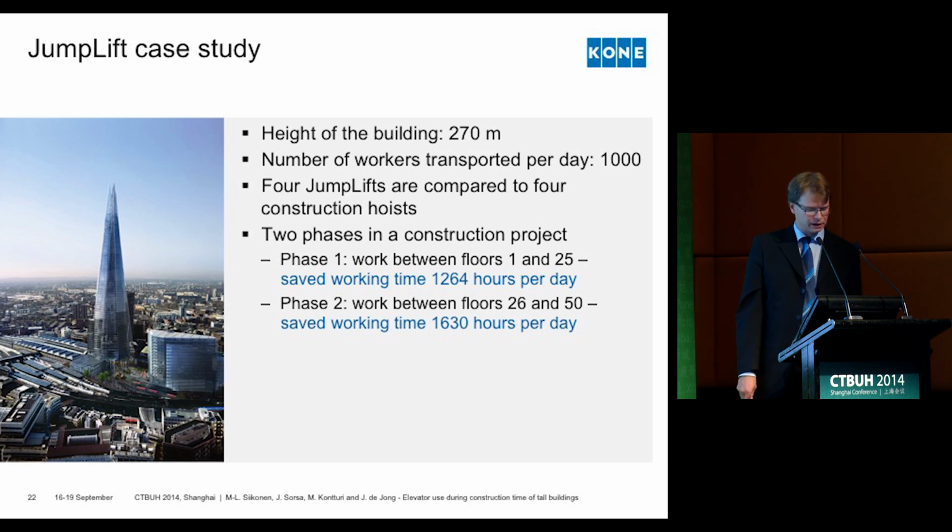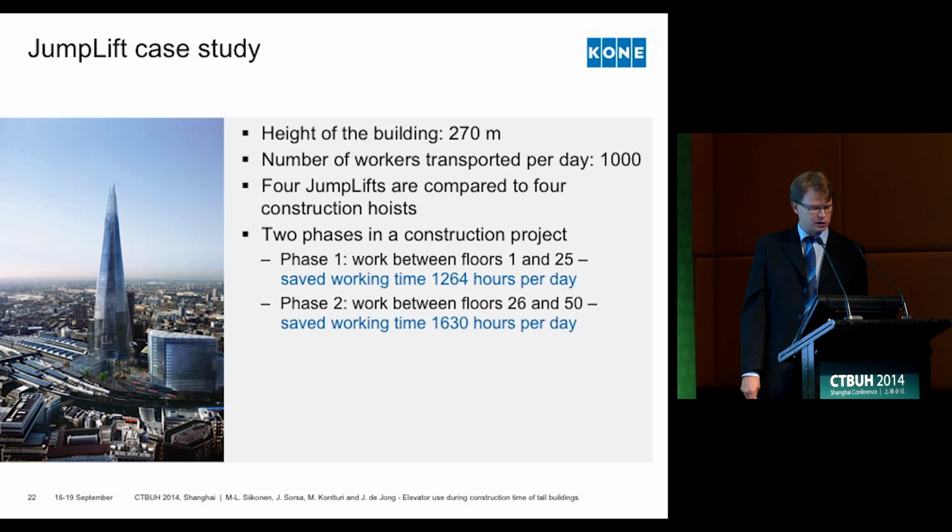So this is the last case study we had. So this is about a hypothetical construction project of a 50-story building where 1,000 workers need to be transported daily to the workplaces.